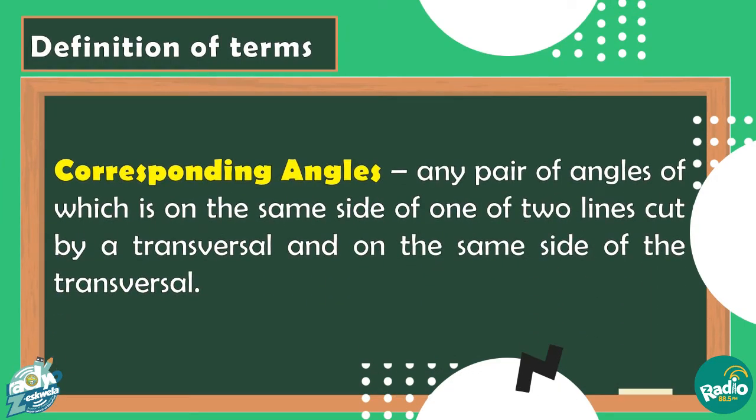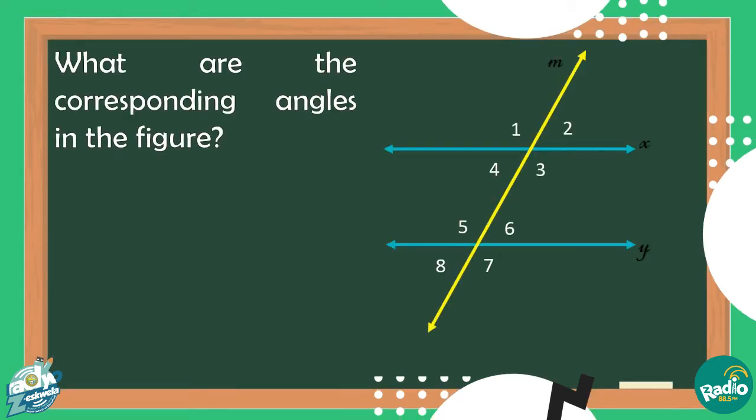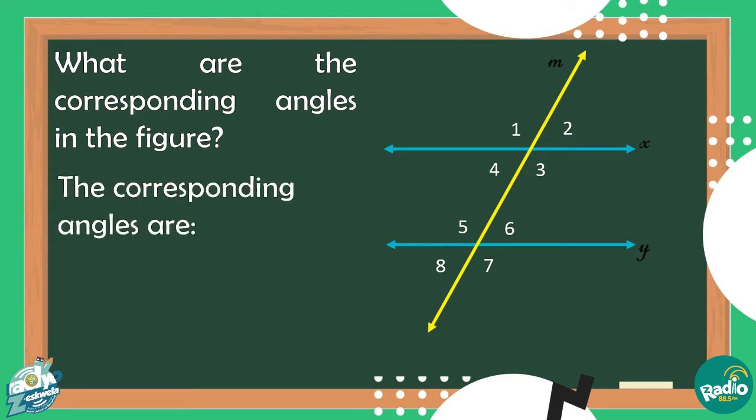Next, let's proceed to the next pair of angles. We have corresponding angles. These are any pair of angles which are on the same side of one of two lines cut by a transversal and on the same side of the transversal. Now, what are the corresponding angles in the figure? The corresponding angles are angles 1 and 5.